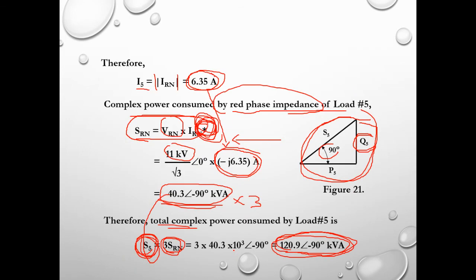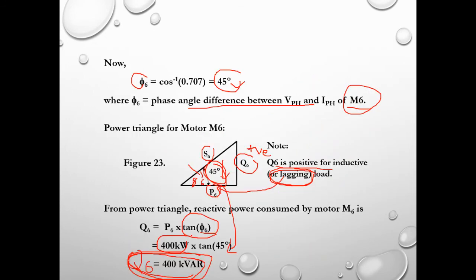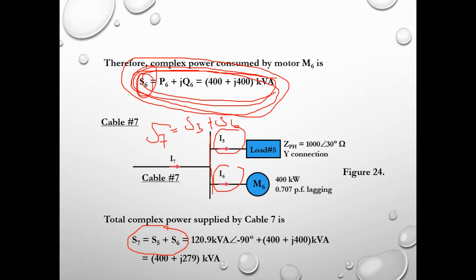So just total up to get the value of S7.